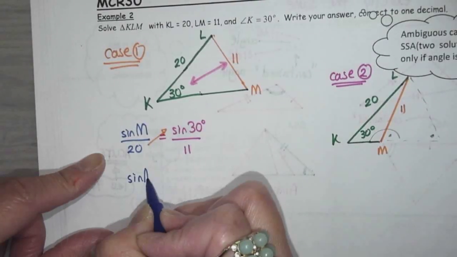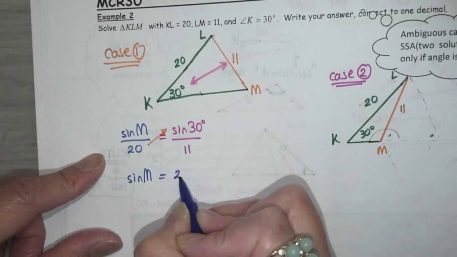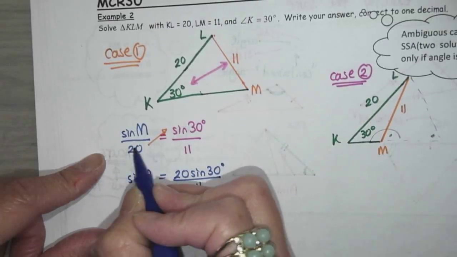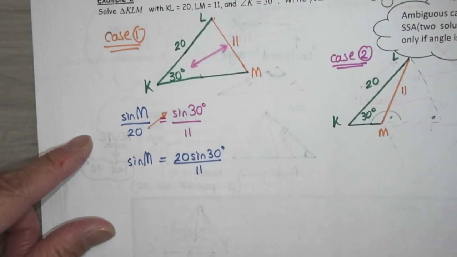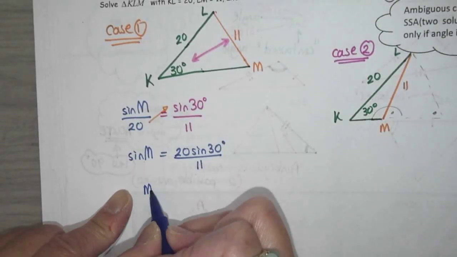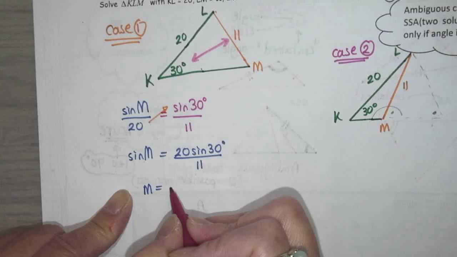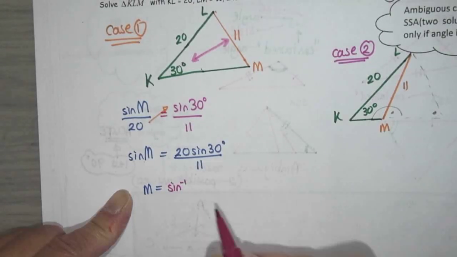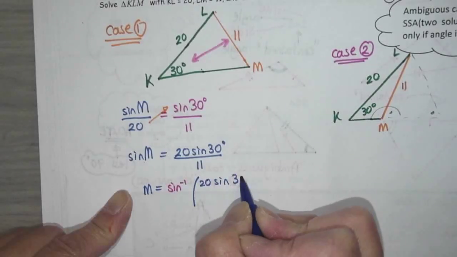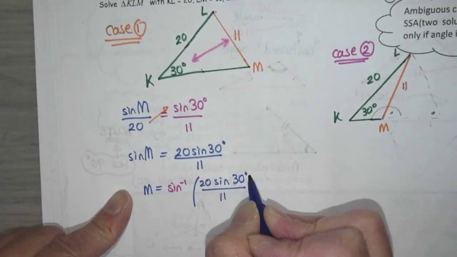Sine M equals 20 sine 30 over 11, right? So I brought the 20 up, put it in front. I need the inverse. So I want M equal inverse like this.